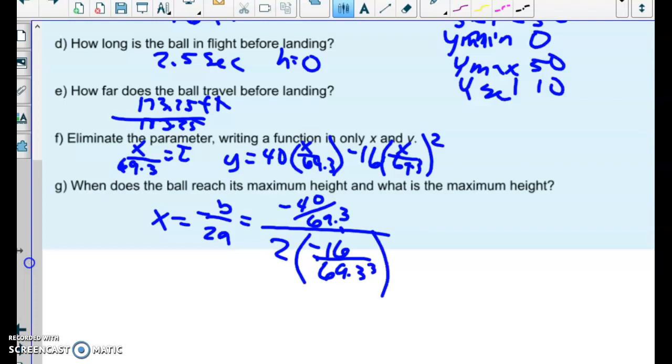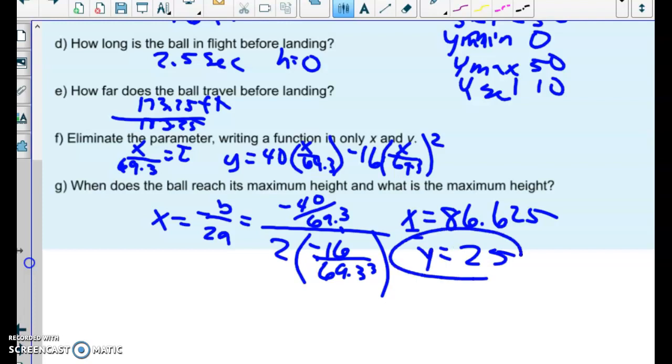And so for the maximum height, I already plugged this in so I could get an answer, and I got an x value which corresponds to a y value of 25. So it got 25 feet high. And I was just using the negative b over 2a. Let's stop here.